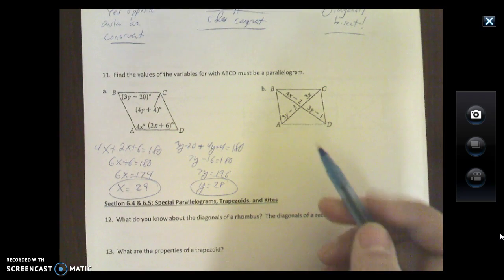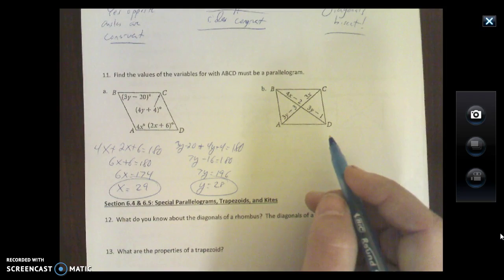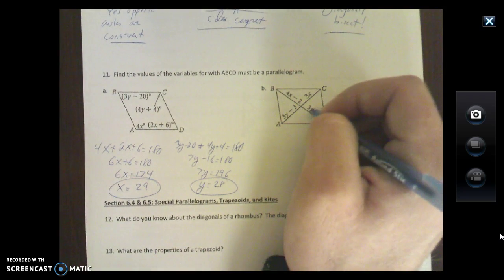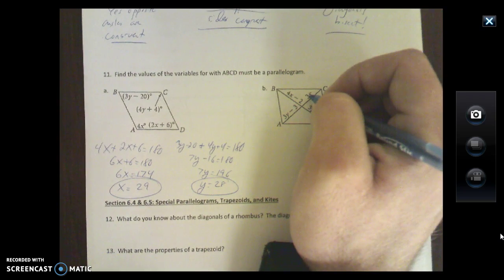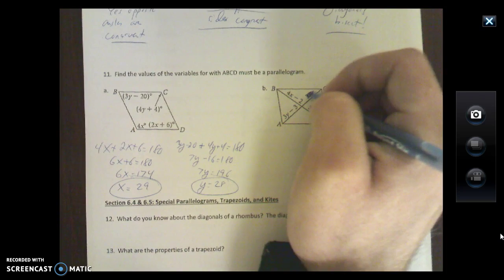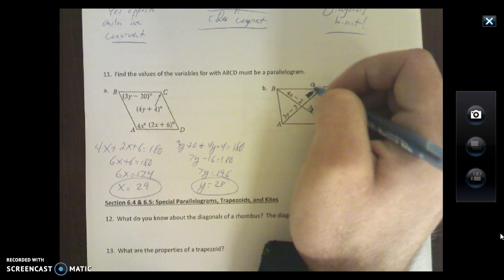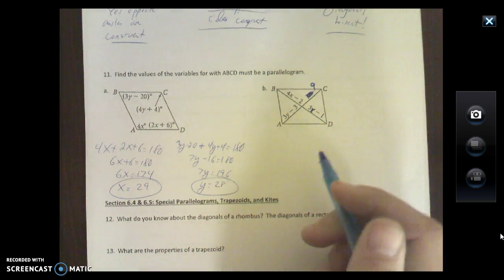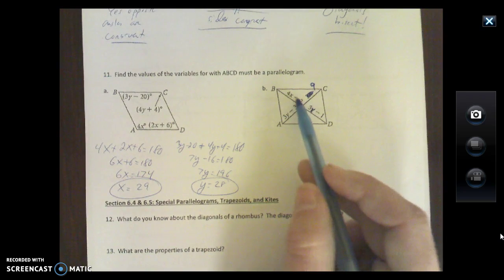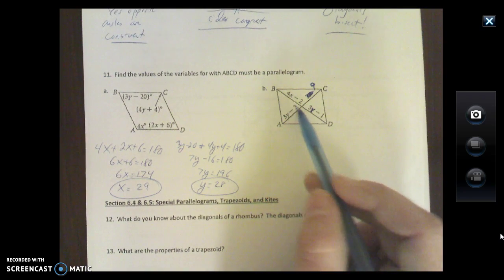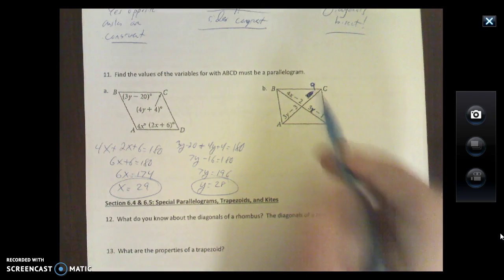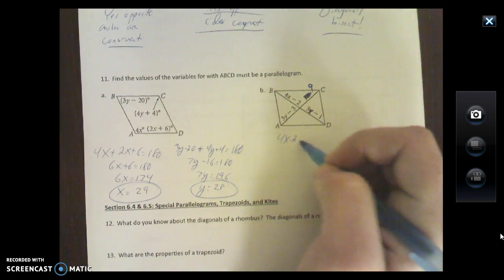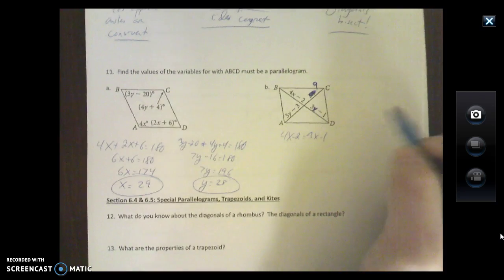Guys, for this problem, just to make my life a little bit easier, please change this y to x, and please change this to a 9. So what I would do here is on the diagonals bisect for a parallelogram. So this has to equal that. 4x minus 2 has to equal 3x minus 1.